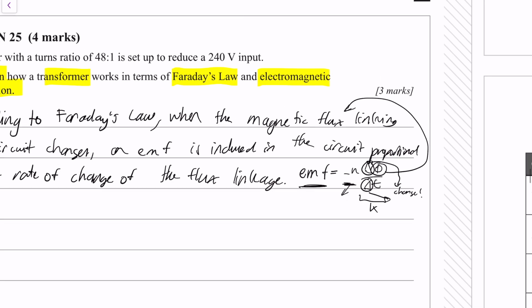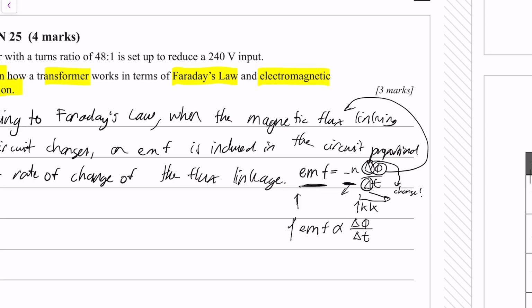imagine what will happen if we increase k, our delta magnetic flux over delta t, right? If we increase our k, then what will happen to EMF if we just think of the proportionality? We know that's going to increase, right? So if one increases, then the other will increase as a whole.